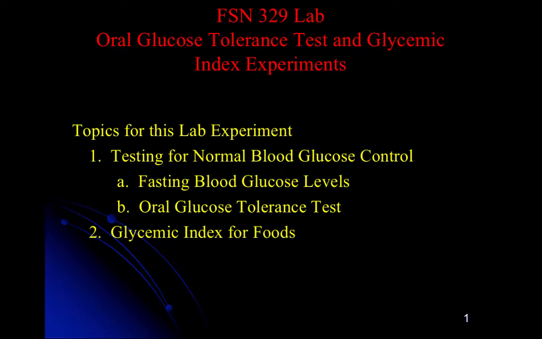So GIs are always below that number. We'll look at that in a second. Why was it developed? To help diabetics control blood glucose. So is it useful? It can be in certain situations.